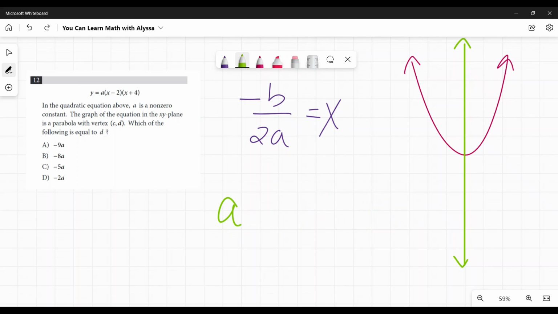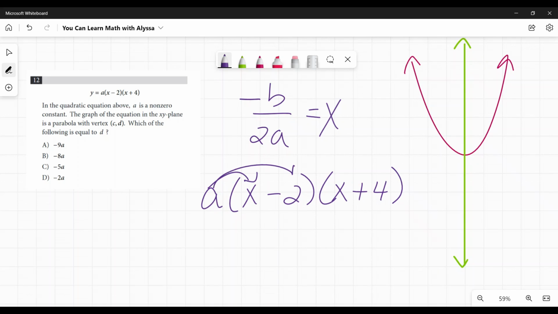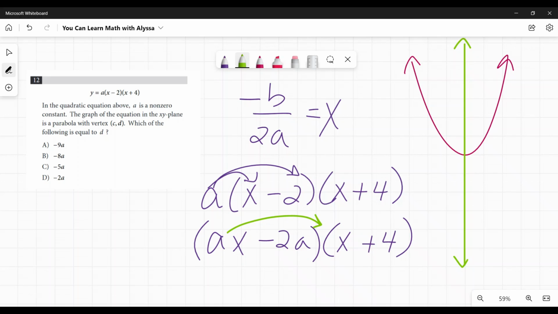So what you're going to do is multiply all this. To multiply that, a(x minus 2)(x plus 4), I'm going to multiply a times both of these, and I get ax minus 2a, then times x plus 4. Then we're going to use FOIL, which is your first, outside, inside, last, and multiply each of these one by one.